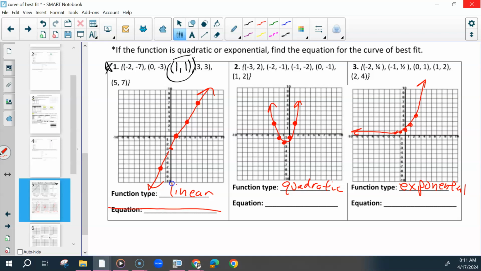Right. Let's do this. This side of the room, find the quadratic equation. This side of the room, find the exponential. So put in your ordered pairs into your calculator or into Desmos. Use your equation and find what that equation is.